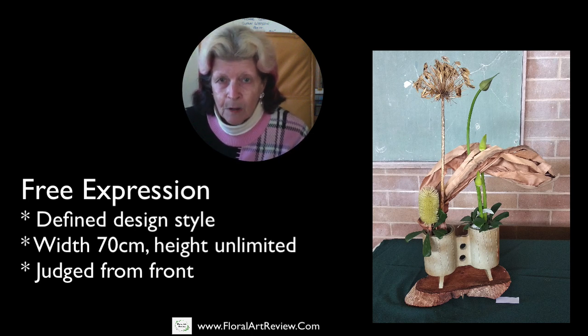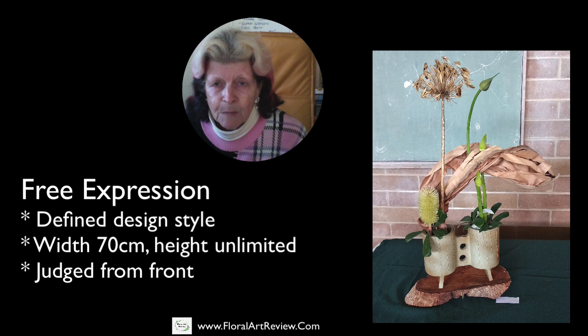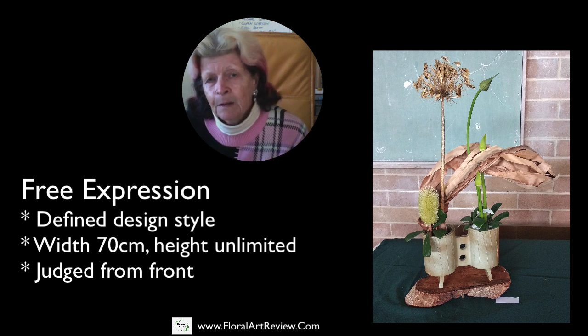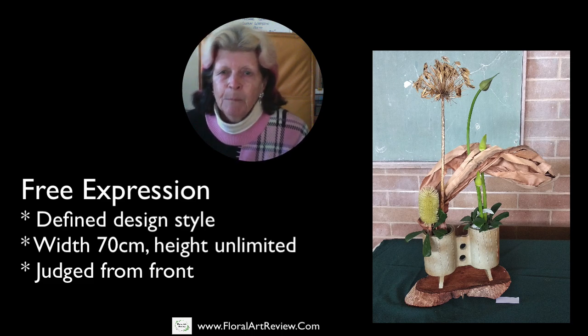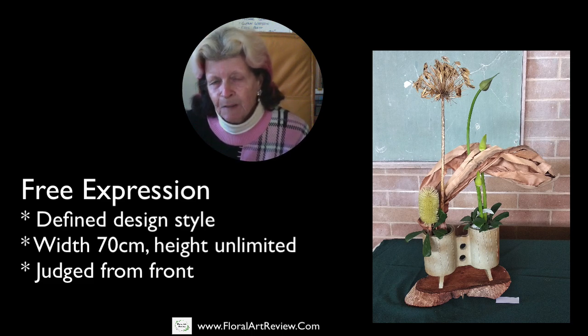And then I have the dried agapanthus stalk and seed head on the left hand side, and joining the two is a palm spade that's dried, and I've just sort of woven them through the placements on either side to connect them in some way and be a reflection of the base material.